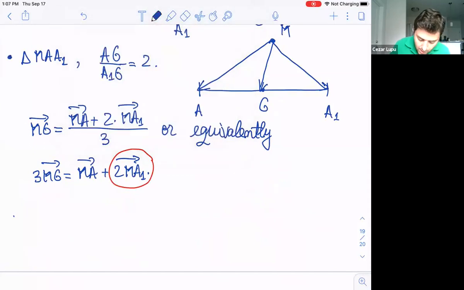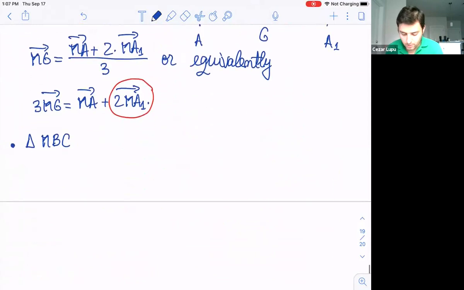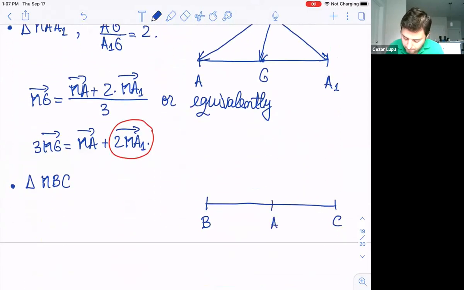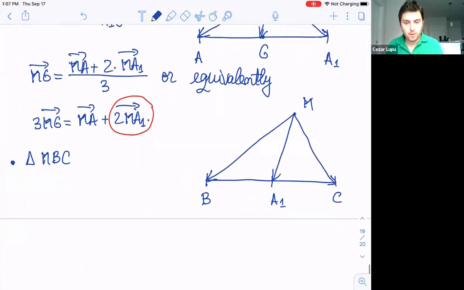Now I'm looking at the triangle MBC, and let me draw the picture again. So BC, now I have A1 here, and here I have the point M somewhere here. And again, I'm trying to express this. All right, what is A1 here? A1 is the midpoint of BC, right?